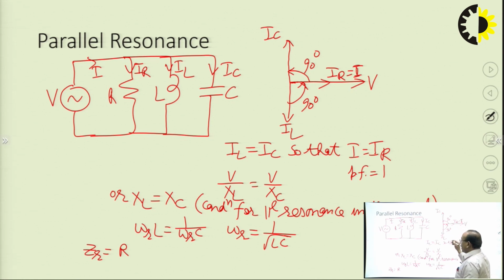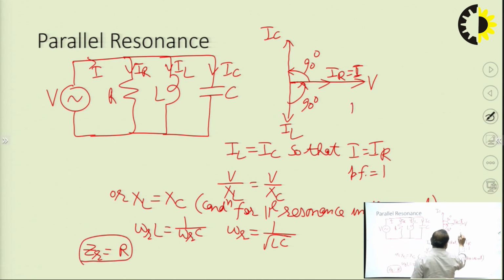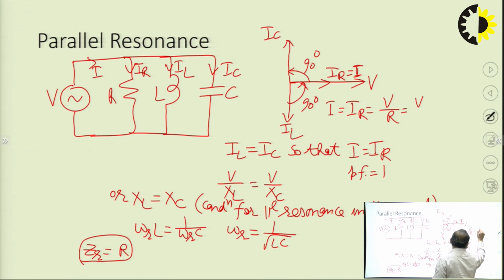IR will be given by V upon R, and this is equal to I also. So we can write it as V upon ZR, which is the impedance of the circuit at resonance. So ZR will be R only in this case. So this is the condition for this circuit.